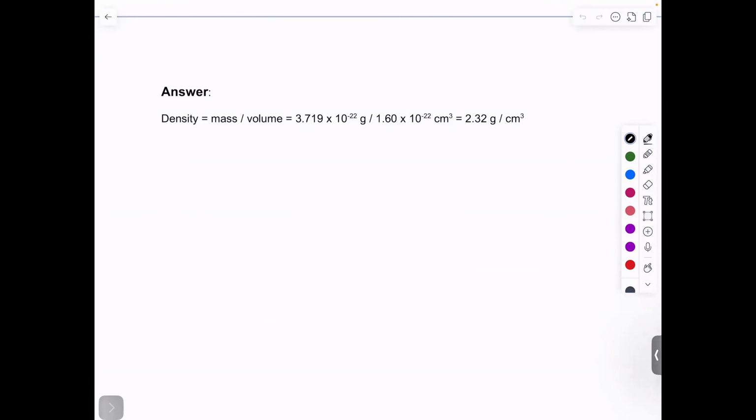We know that we have, we'll start off with this. And we know 1 mole of anything, right? And we're dealing with silicon here, right?